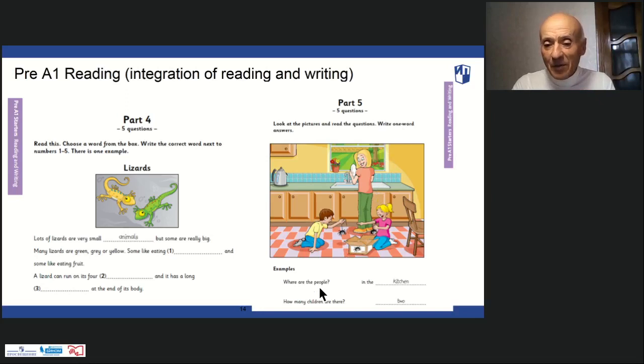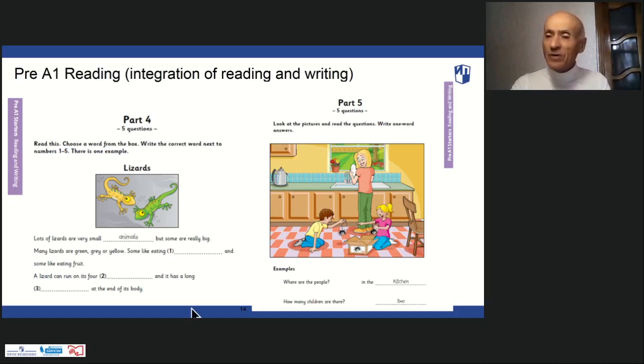Where are the people? In the kitchen. How many children are there? 2. And then the questions continue, and candidates give their 1-word answers.